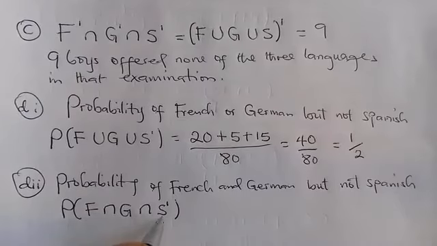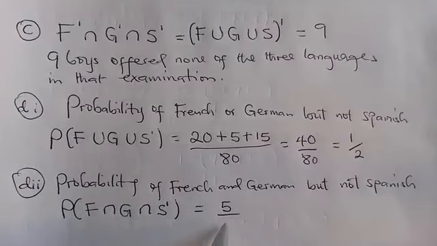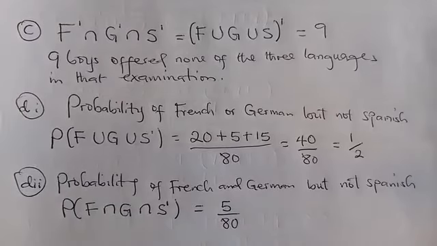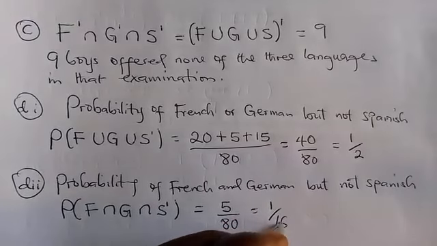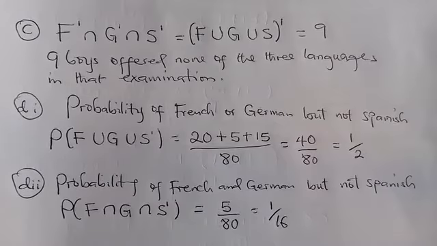So French and German, but not Spanish, is equal to 5. Divide by the total number of boys in that examination, which is 80. Reducing this fraction to its simplest form, 1/16 is equivalent of 5/80. 5 can enter 80 16 times. So the probability of boys who offered French and German but not Spanish is equal to 1/16.